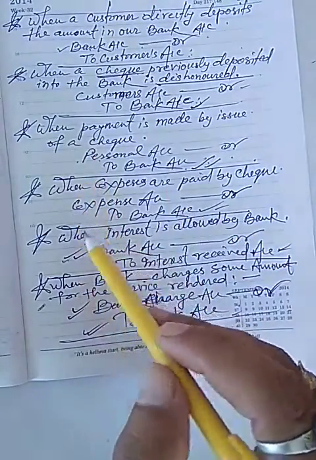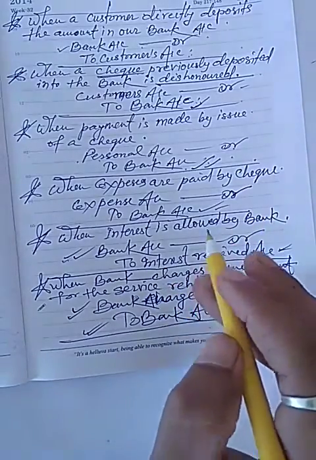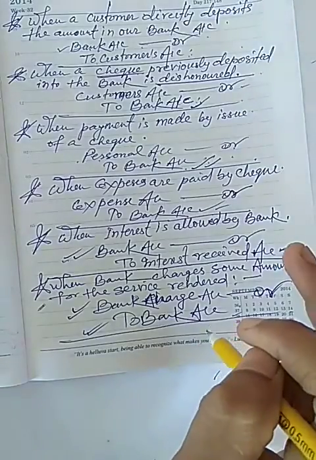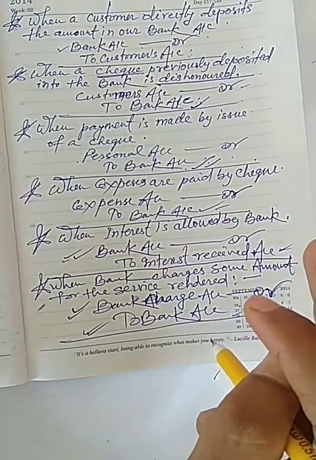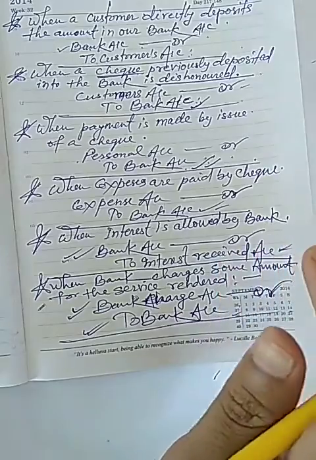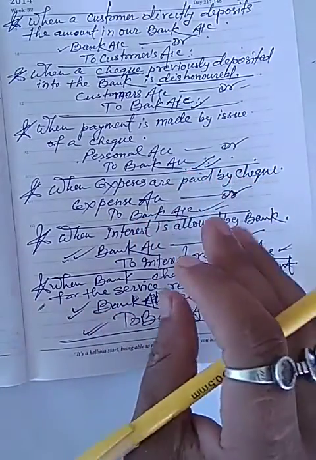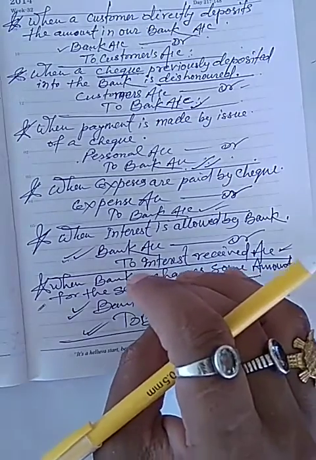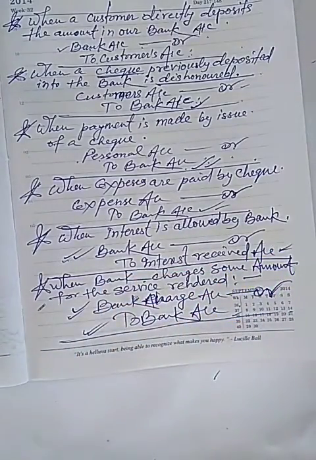On the basis of this transaction, student, bank account will be debited when amount increases in our bank account. In all the cases, when amount increases in our bank account, then bank account will be debit.